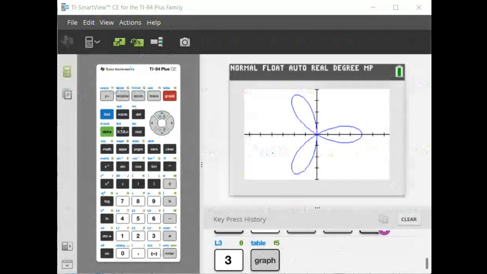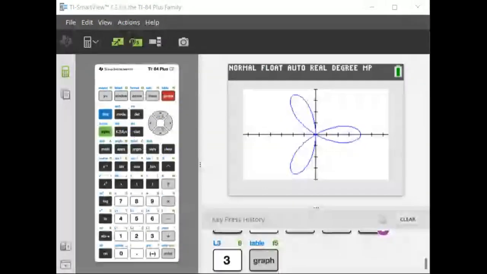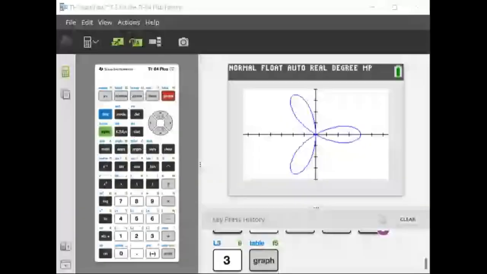But we're almost done. If the coefficient of theta is an odd number, in this case it was 3, it just means there's that number of petals. Yes.